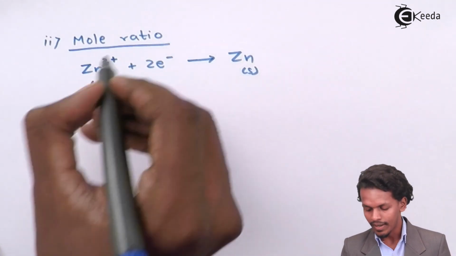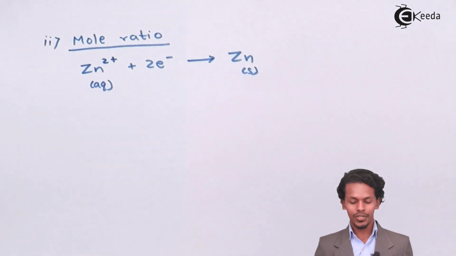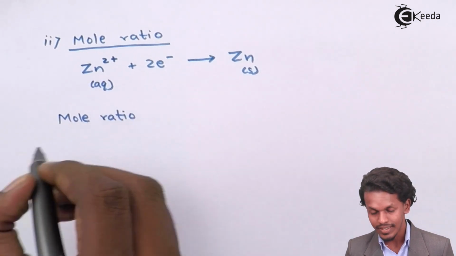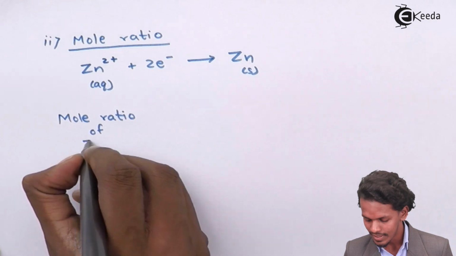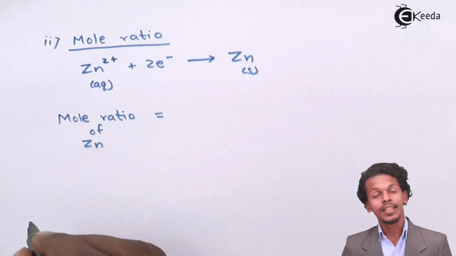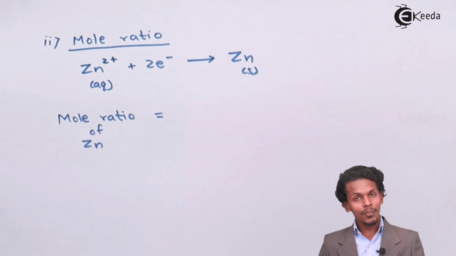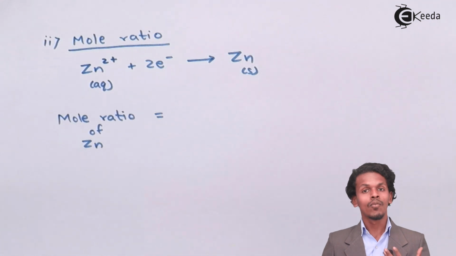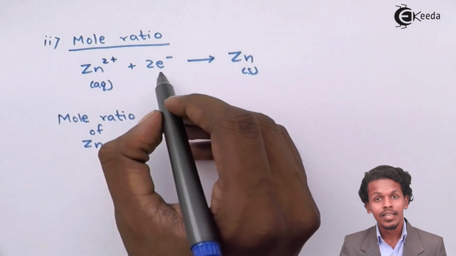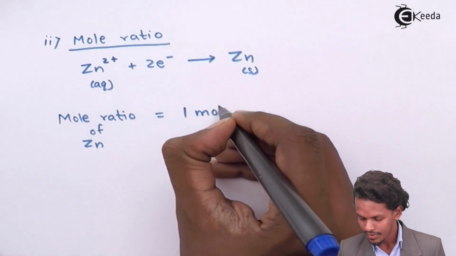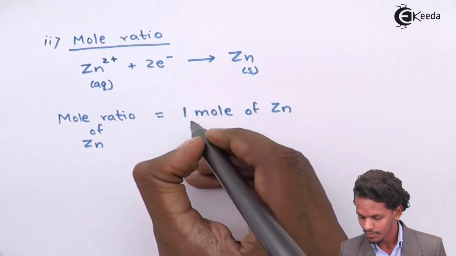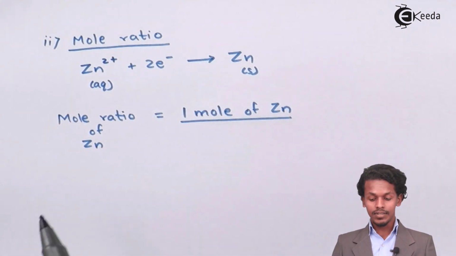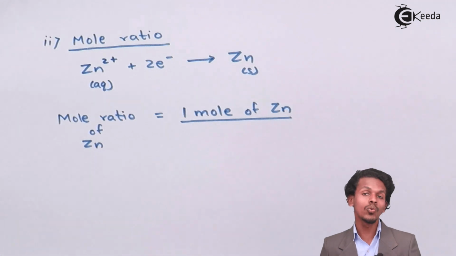To understand the mole ratio, let me give you the formula of the mole ratio. Since we are talking about zinc, the mole ratio of zinc will be equal to the number of moles, or 1 mole of zinc, divided by the total number of moles of electrons involved in that process. So in this process, to obtain 1 mole of zinc, the solution has to accept 2 moles of electrons.